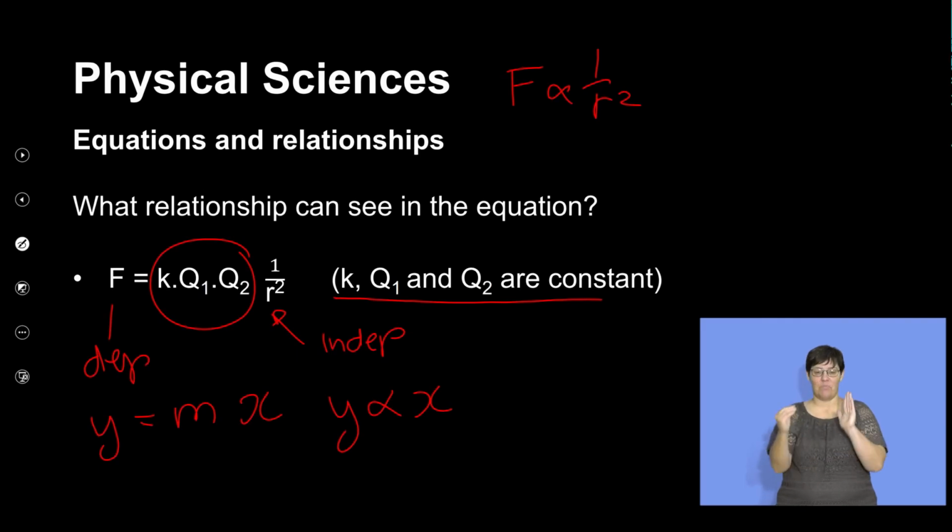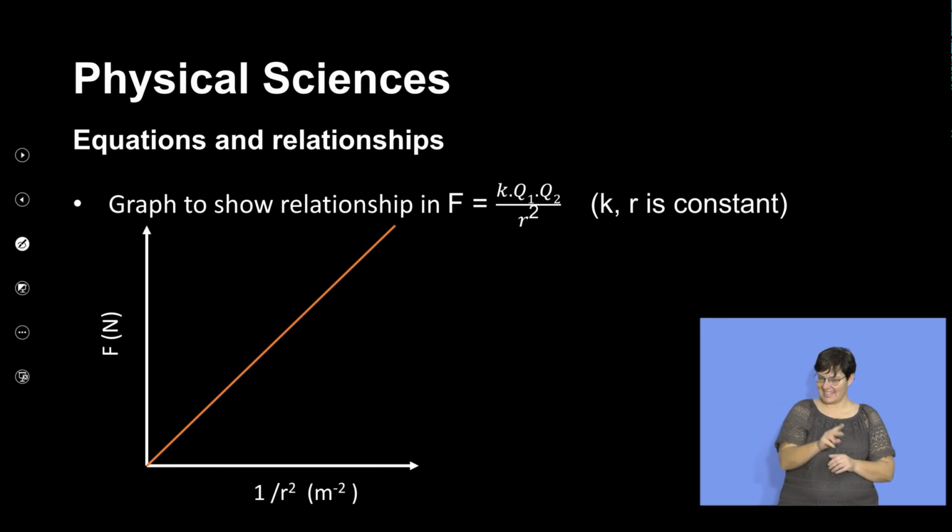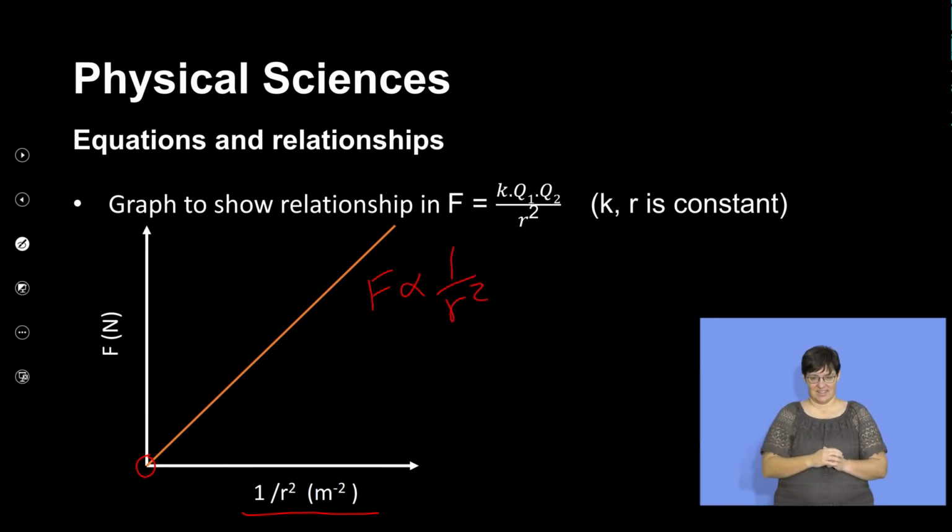And that's exactly what I've done here. You'll see I've got meters to the minus 2, 1 over r squared, and a straight line graph that goes through the origin. We can say that F is directly proportional to 1 over r squared. These other factors are constant.